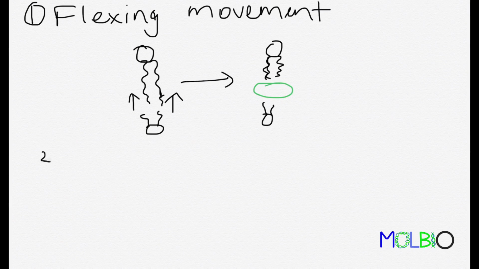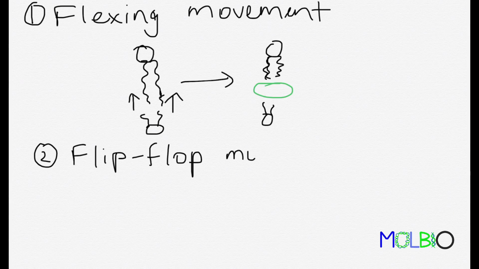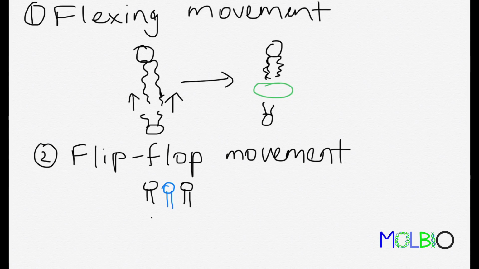Anyway, then comes the flip-flop movement. Now this one is one of the most interesting parts. Here what happens, suppose I have this lipid molecule along with other lipid molecules here.